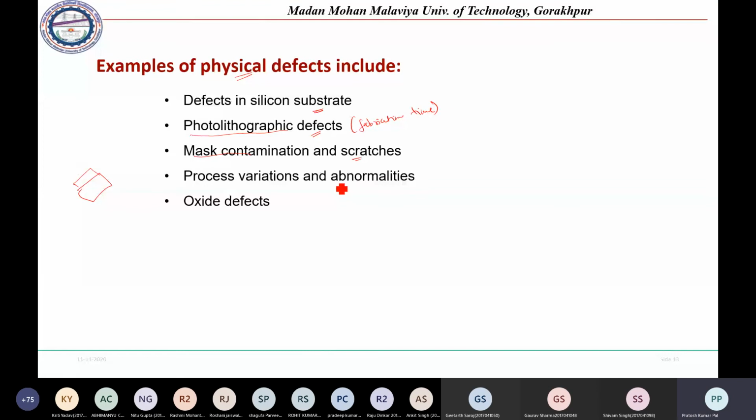Process variation and abnormalities: process variation means whatever steps, structure, material, device or layer we are going to use, if it varies while going for fabrication, then it may affect the chip. And oxide defects: there may be some defects in the oxide of the device, and that may cause faults in the fabricated chip. So there are different faults.